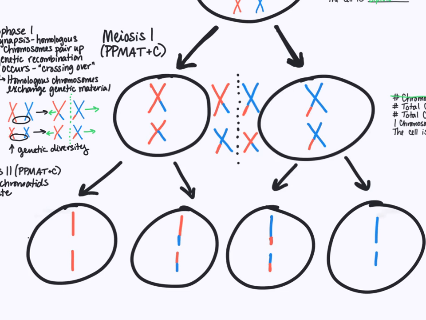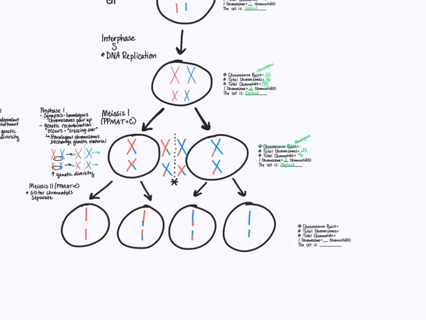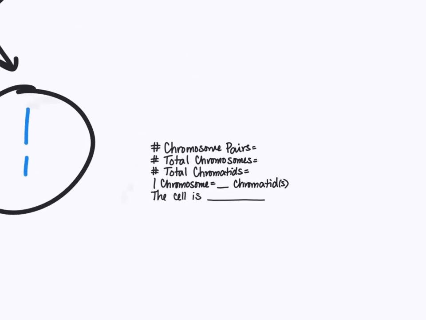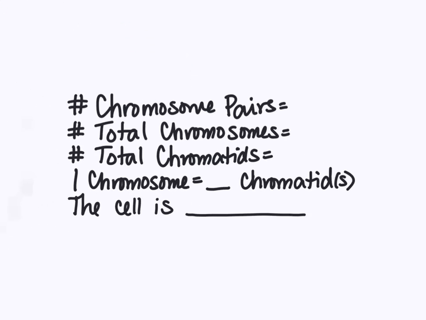But remember that if our chromosomes had independently assorted in a different way, we would have ended up with a different combination of chromosomes in the daughter cells. So let's take a look at what we end up with at the end of meiosis, so after meiosis 1 and 2 have occurred.